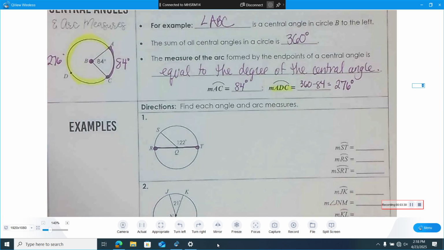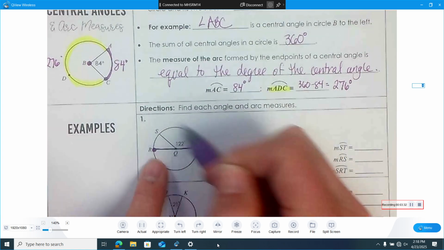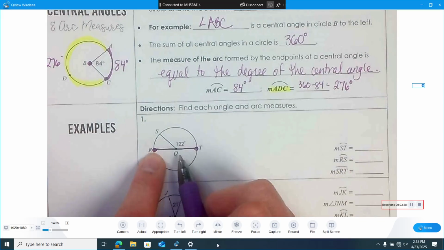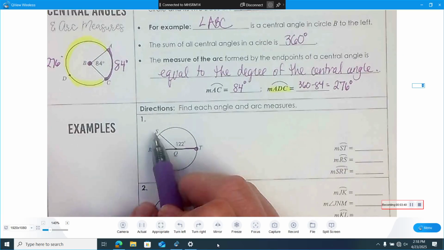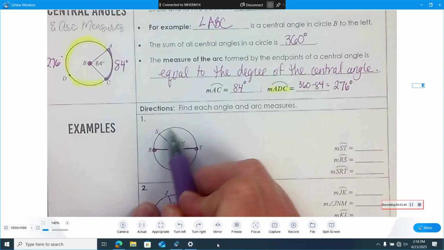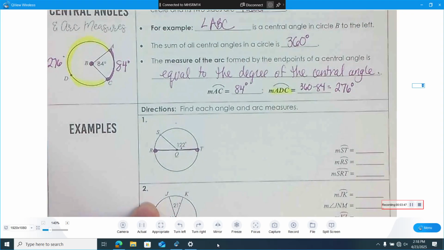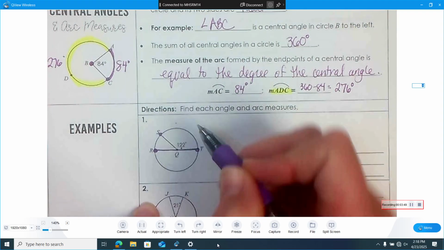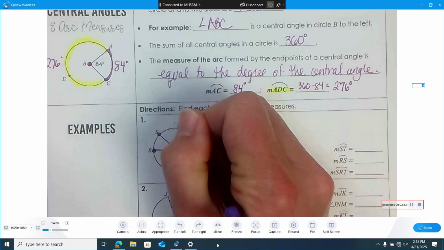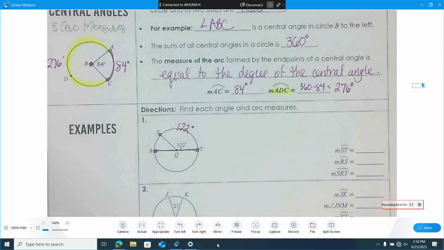Okay. So how many degrees does a diameter have? 180 degrees. So I know that angle SQT is 122. So arc ST is also 122.